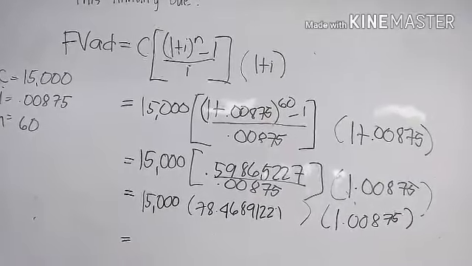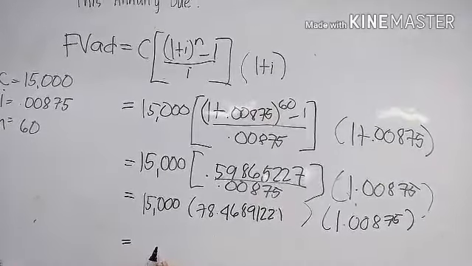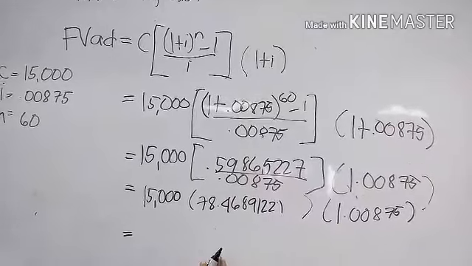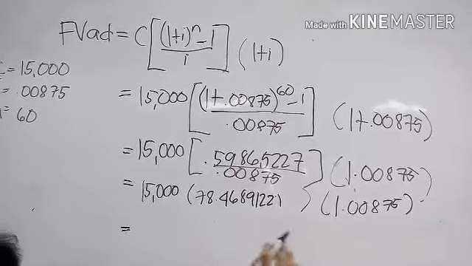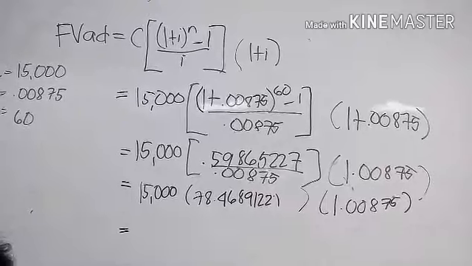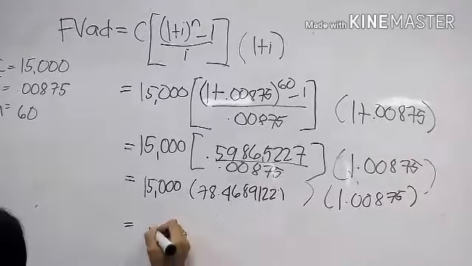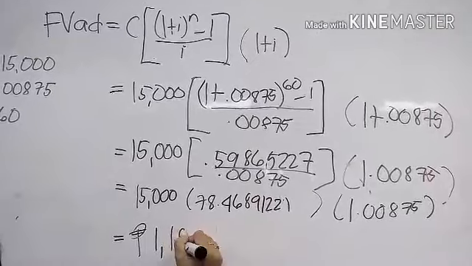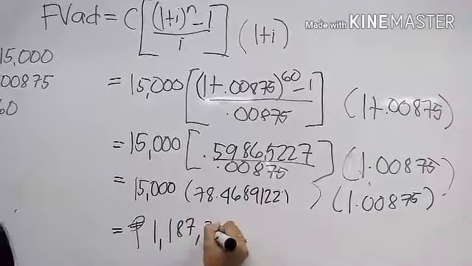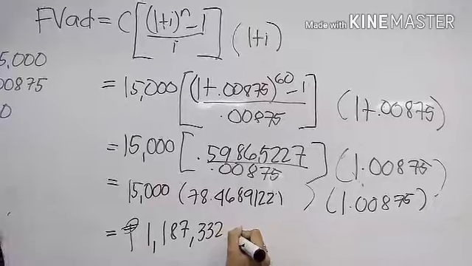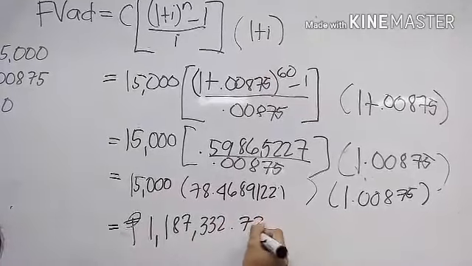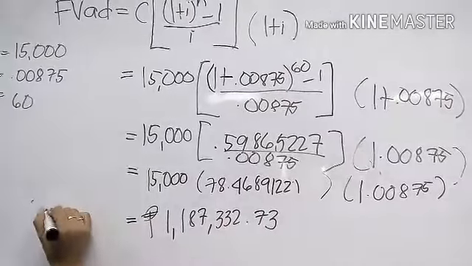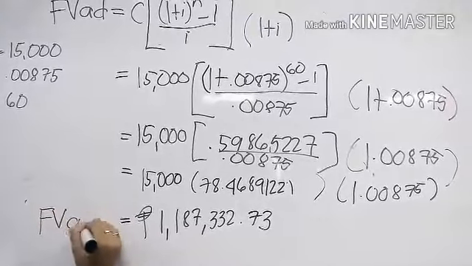To get the final answer, multiply 15,000 by 78.46891221 by 1.00875. The result is 1,187,332.73 pesos. That is our future value of annuity due.